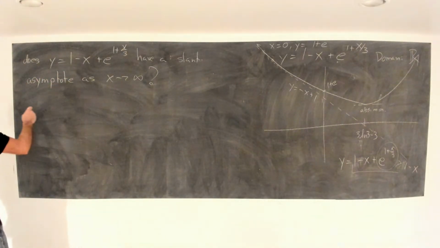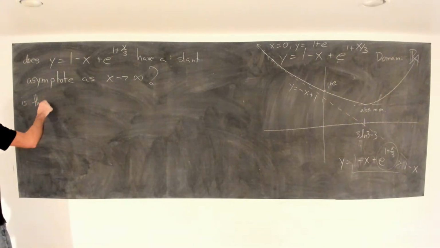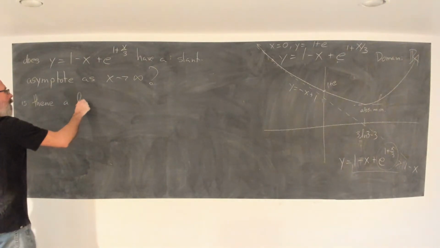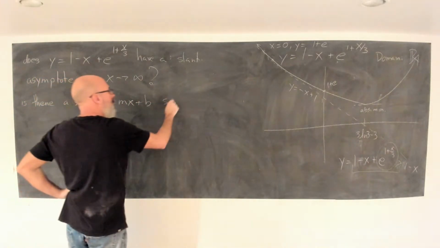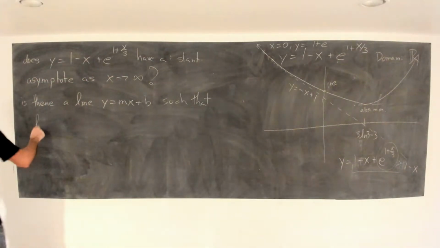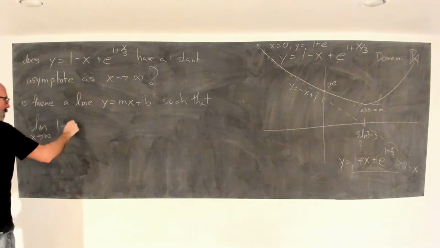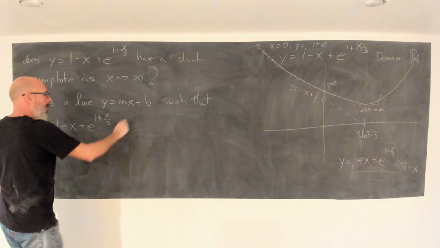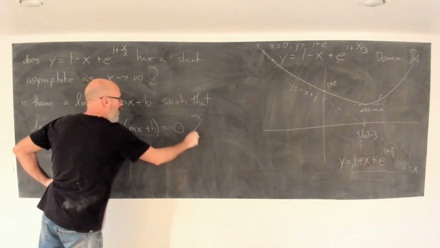So we ask the question, is there a line such that the limit as x goes to infinity of your function minus that line is equal to 0?